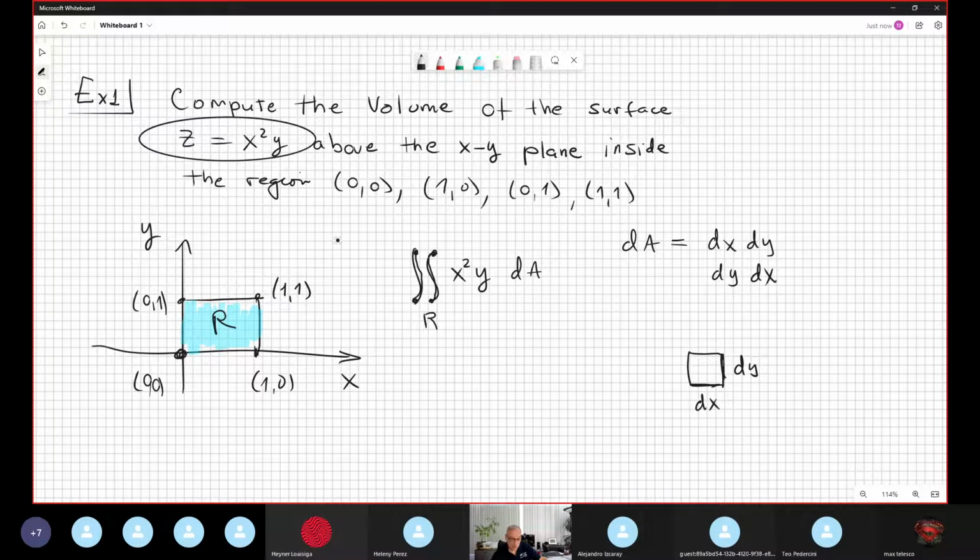Suppose that this square is elastic, and when you integrate, for example, it is moving in that direction, or in that direction, the direction that you prefer. I will study in detail what is most convenient, depending on the example, so don't anticipate this.